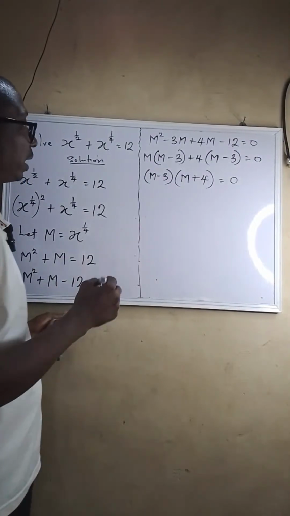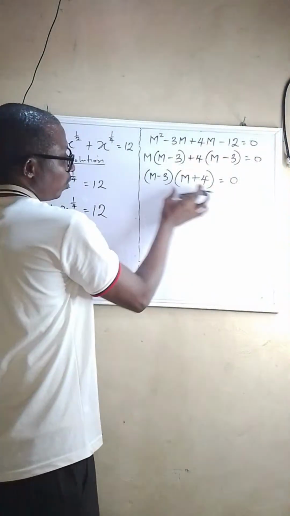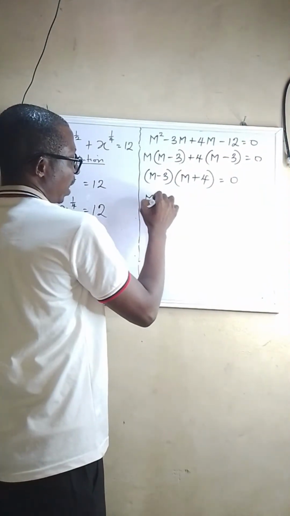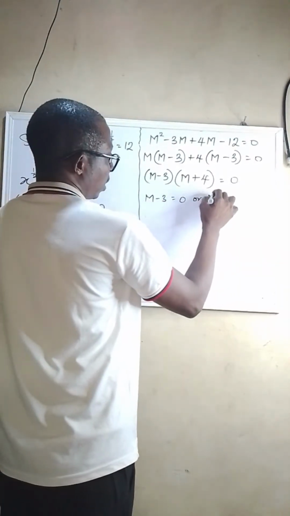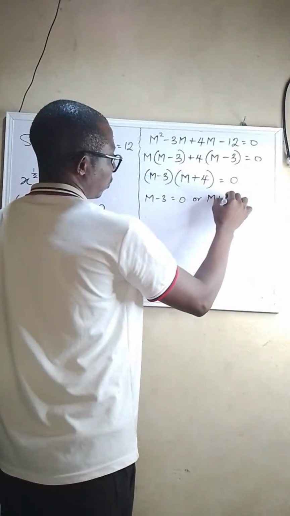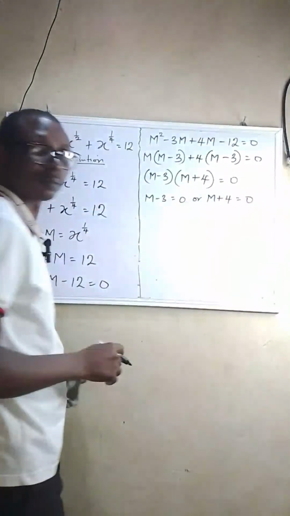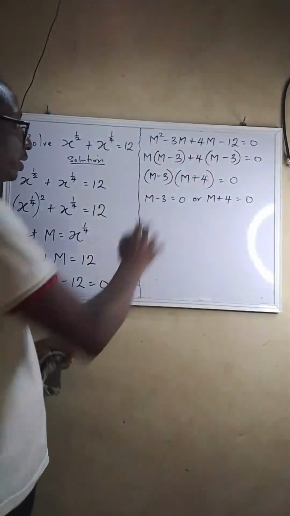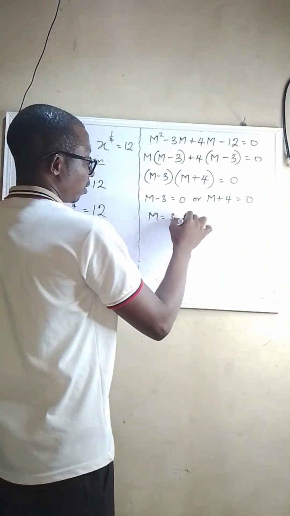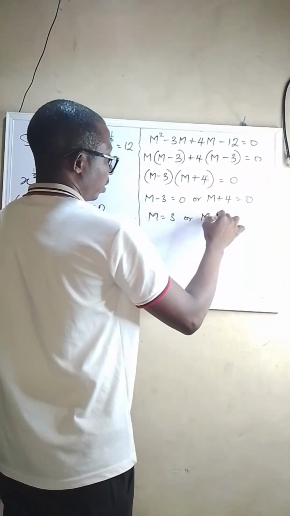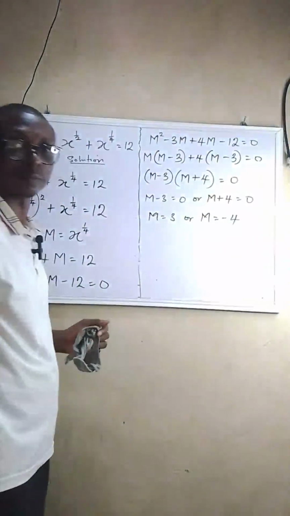So it's either this is 0 or this is 0. So we have m minus 3 is 0, or m plus 4 is 0. That's the implication of this statement. So we now have m equals 3 or m equals minus 4.